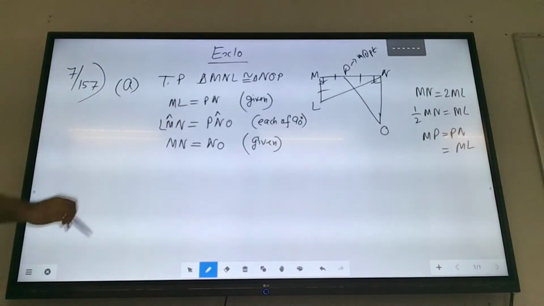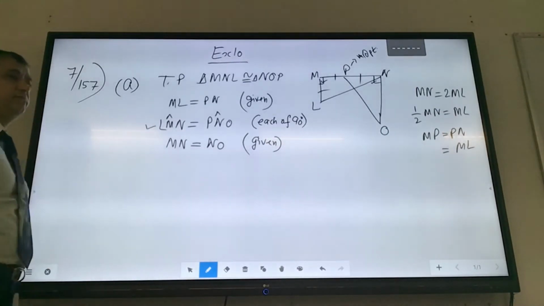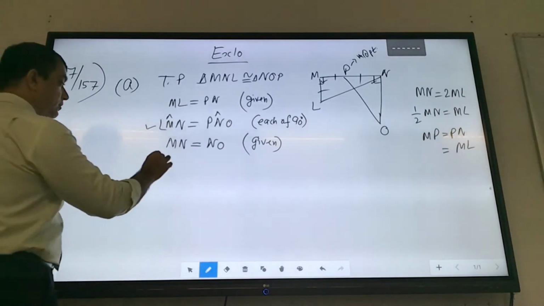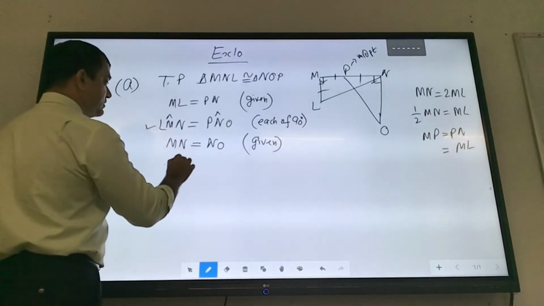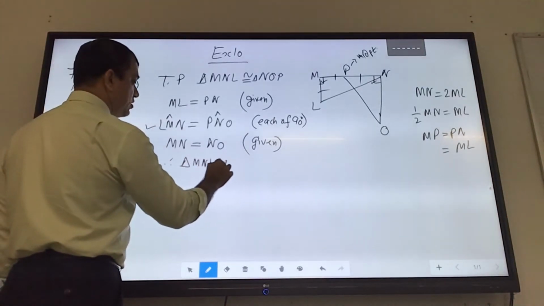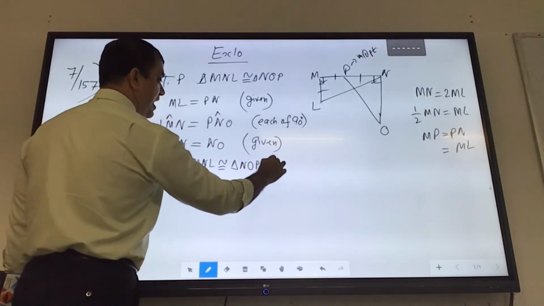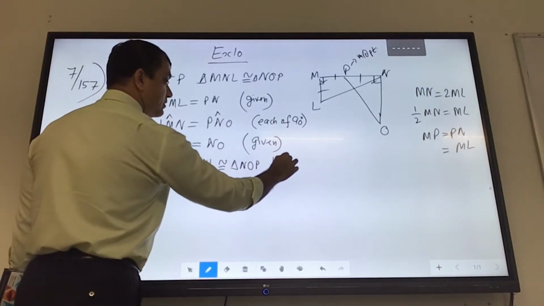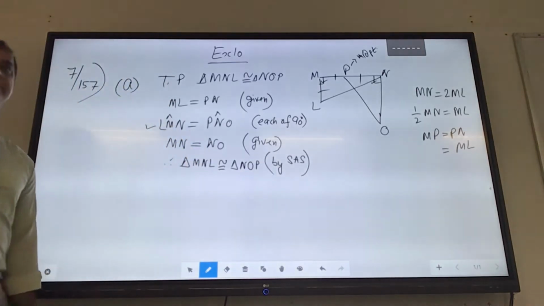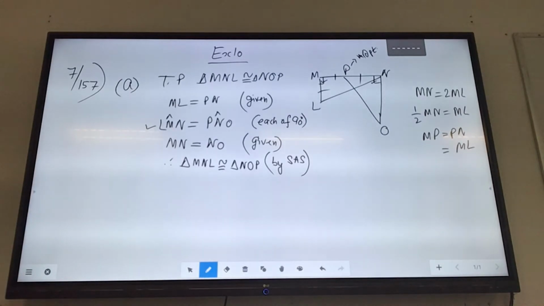So we are using two sides and one included angle. So these triangles are congruent, right? Therefore, triangle MNL is congruent to triangle NOP by side angle side criteria. Is it okay?